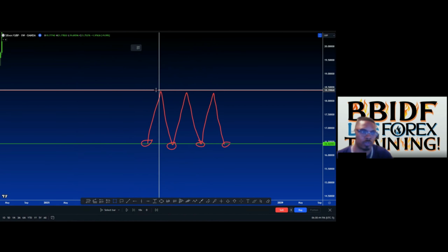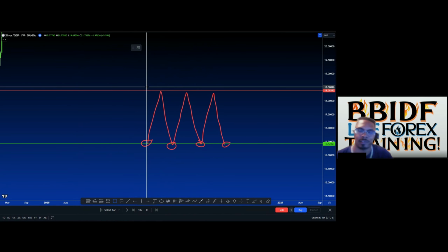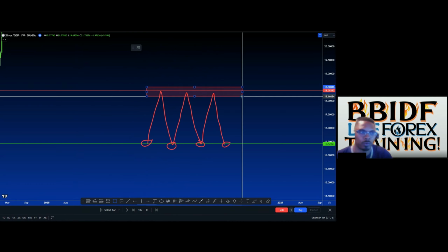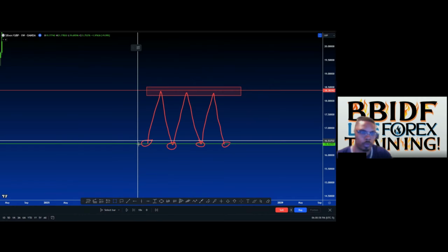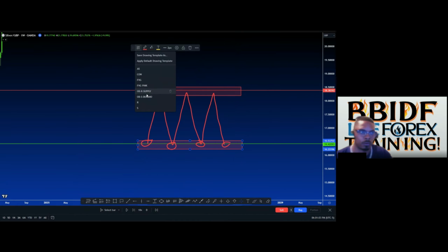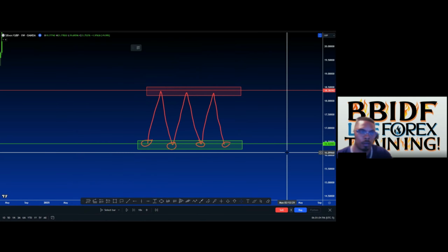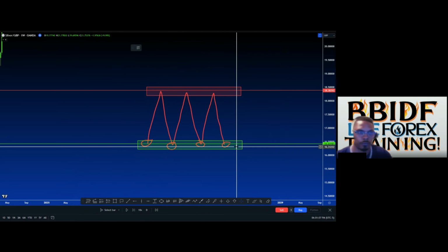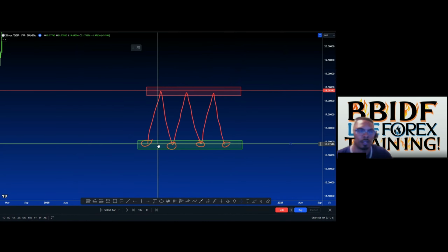But I told you guys, support and resistance is never a line. I'm just putting lines so that you guys will know where the area is, but this is your real resistance area, and this is your real support area or zone. Call it what you want, area, zone, place, whatever.